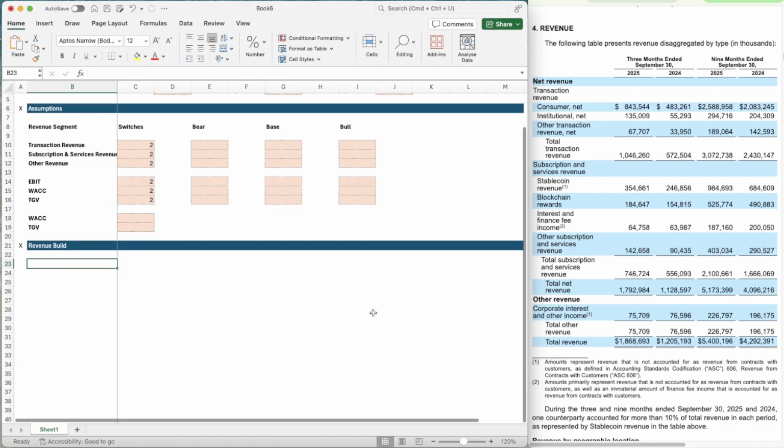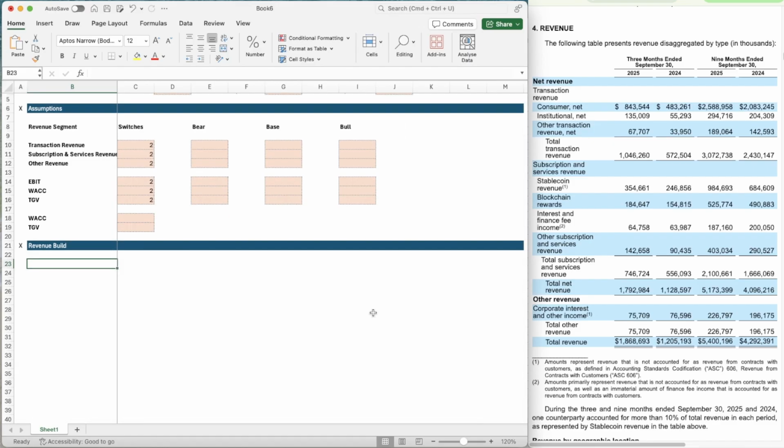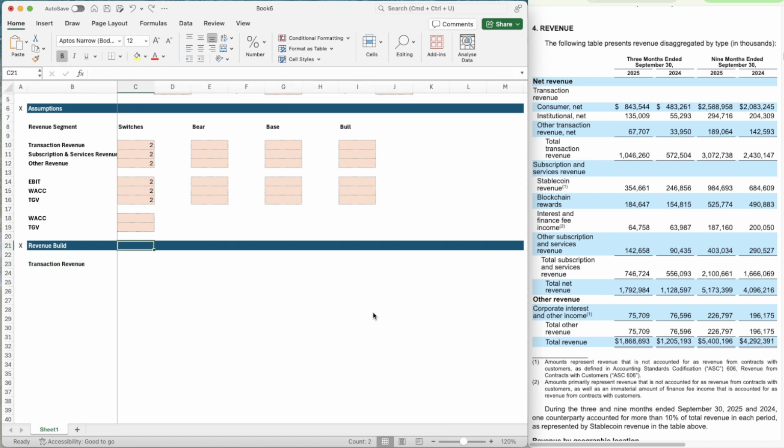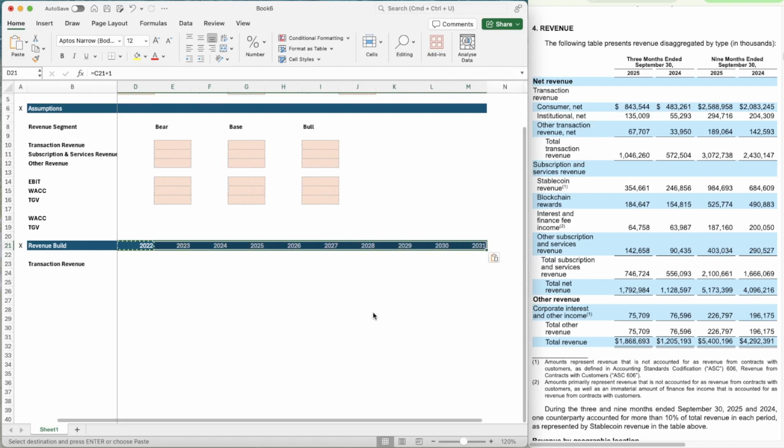So what do we want now? So revenue build. And we put this one equal to E10, which is transaction revenue. And let's start in 2021 this time, just because we have the figures here. We might as well take them, up to 2030.